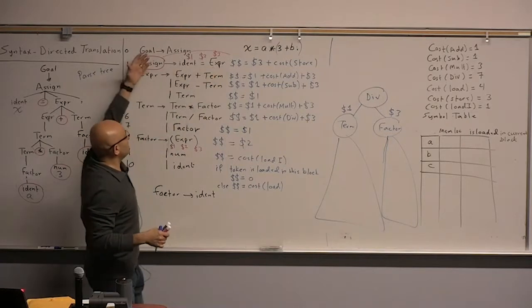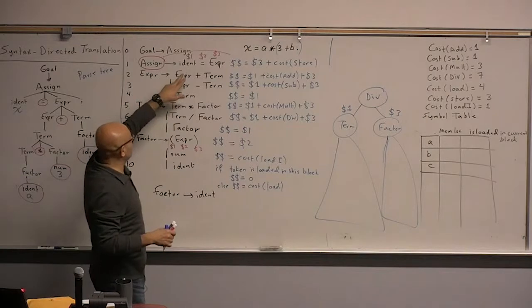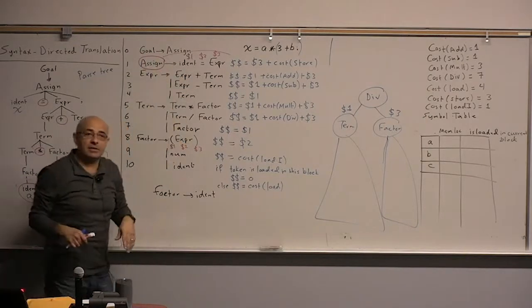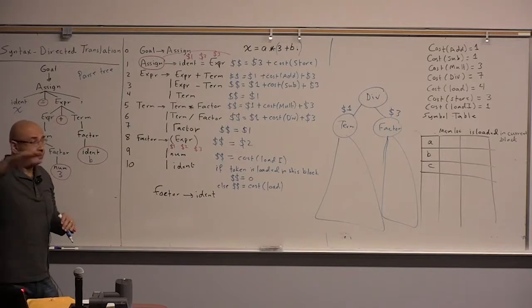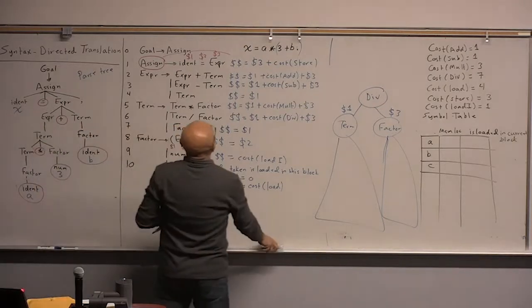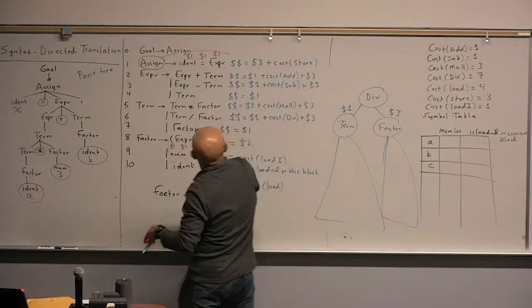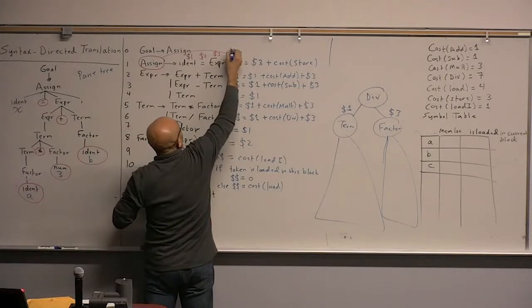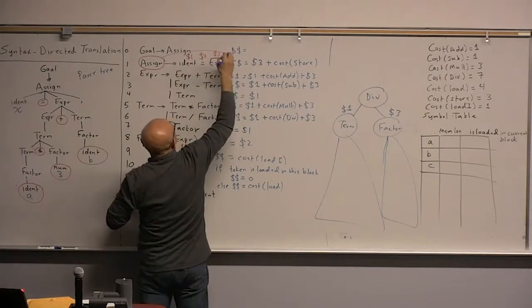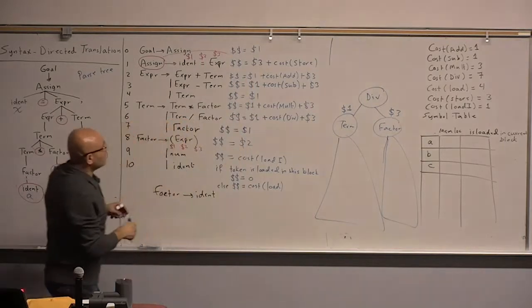Then we will have to store it at a given address. How will we know the address? We will look up the address for this identifier in the symbol table. And finally, in the last rule, what should we write? $$ equals just $1. Okay, so let's trace it.